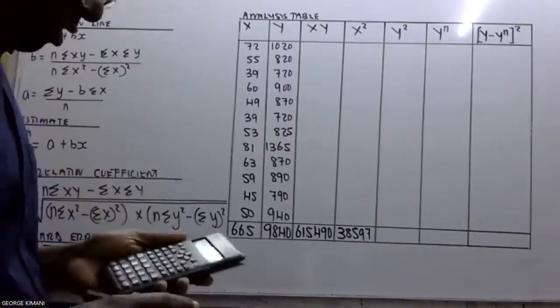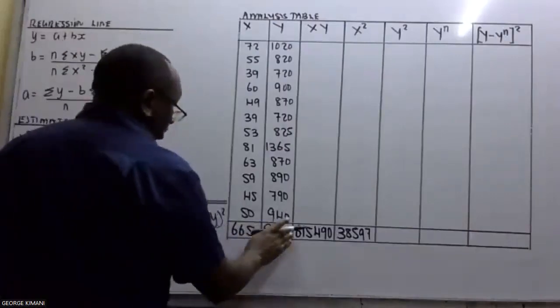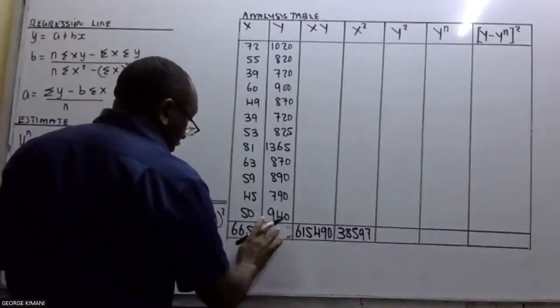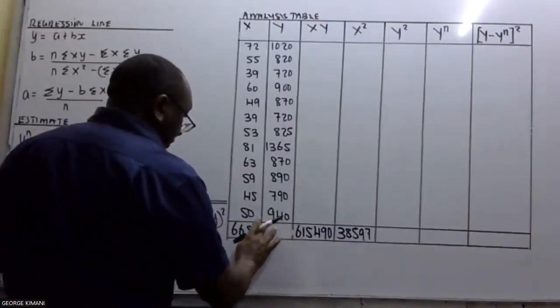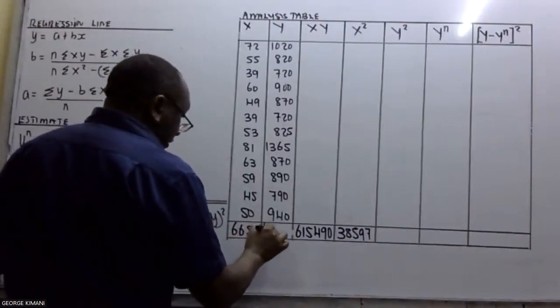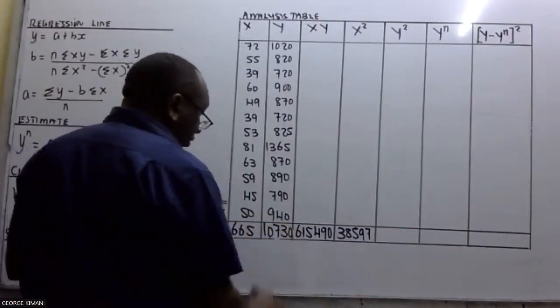Yeah, 10 730. Good. So confirm even the others. 10 730. Good.